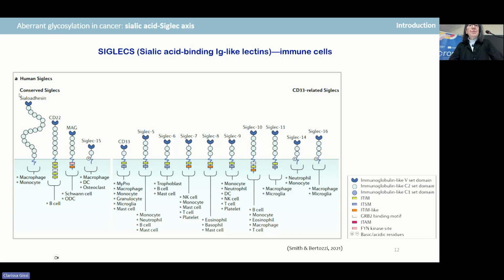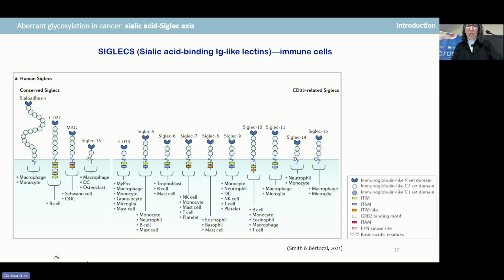Okay, and these Siglecs are mostly expressed in several immune cells. Here we have this family, and I would like to point out that most of these Siglecs are inhibitory receptors, so they promote the inhibition of these immune cells.